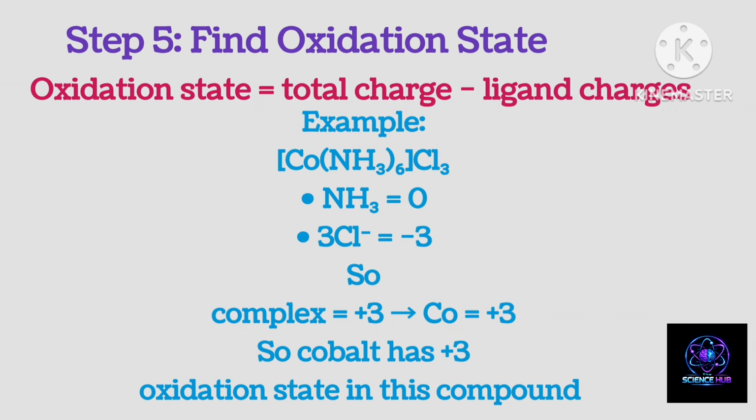One chloride has -1 charge, so 3 chloride ions have 3 negative charges, that is 3Cl-. So the complex is in +3 oxidation state. Therefore, cobalt has +3 oxidation state in this compound.